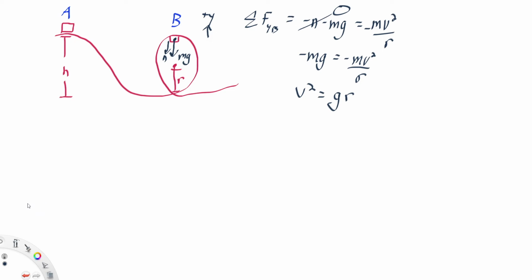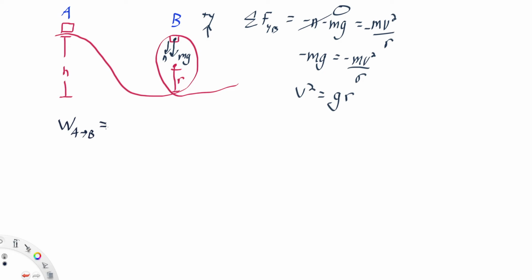But then we can jump back over to the left and start thinking about energy, right? So the work done from A to B is going to be 0, right? There's no external forces. There's no rocket engines on the cart. There's no magnets at play.